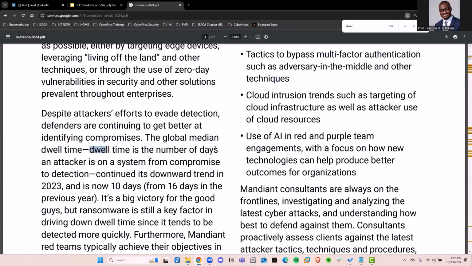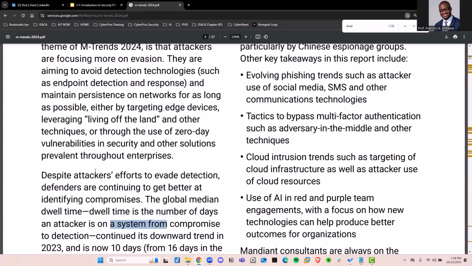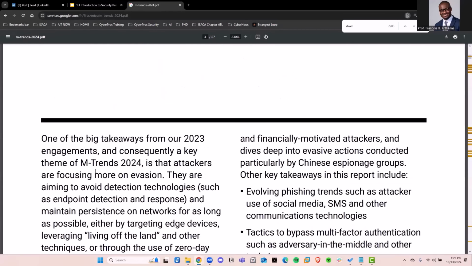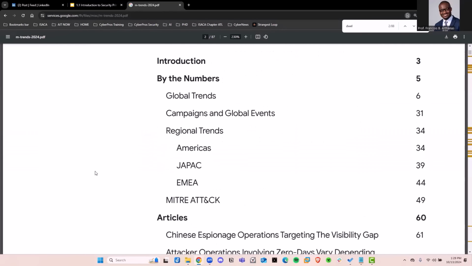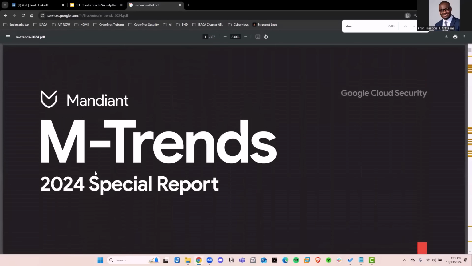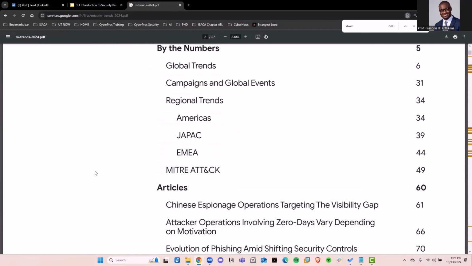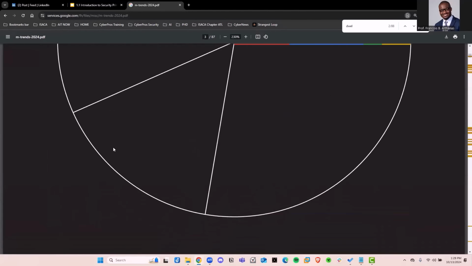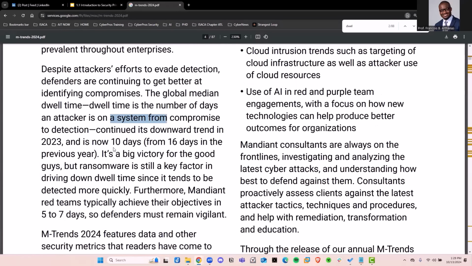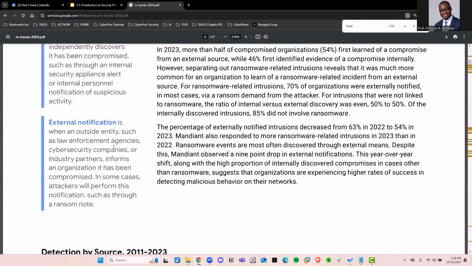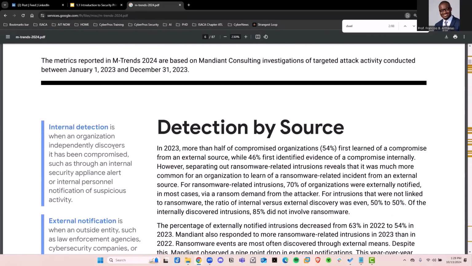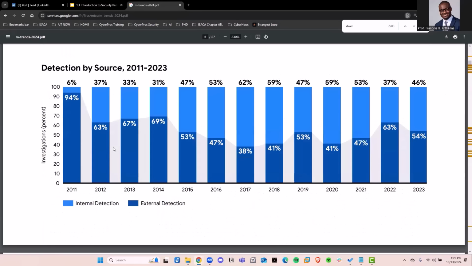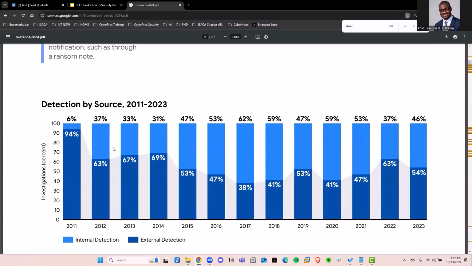So dwell time: number of days an attacker is in your environment from compromise to detection, meaning how long does it take us to know that some attacker is in our environment, right? Once somebody gets into our computer system, how long does it take for us to know that they're there? The dwell time. And Mandiant many times tells us days.